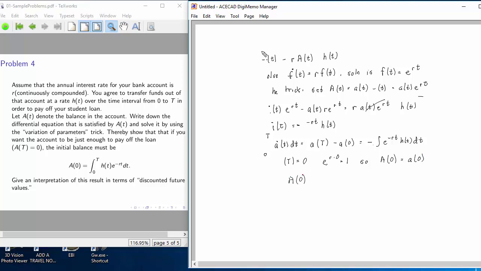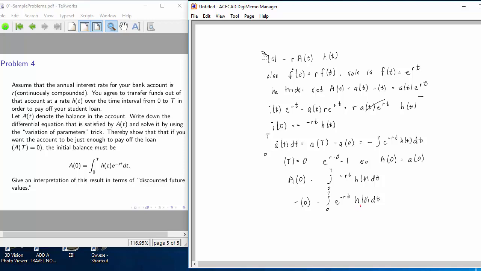Minus capital A of 0 is equal to minus the integral from 0 to T of e to the minus rt h of t dt, or if I drop the minus signs, the amount of my loan today has to equal the integral of e to the minus rt h of t dt. Now, I did that by solving a differential equation, but you can say this makes perfectly good economic sense.